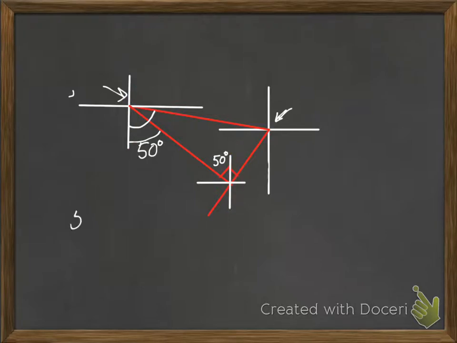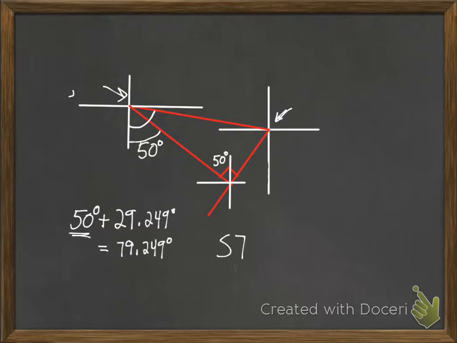So now that I know that is 50 degrees, and then I also know that the angle inside, which is what I found from the problem I just worked out, was 29.249 degrees. So that big angle is 79.249 degrees.